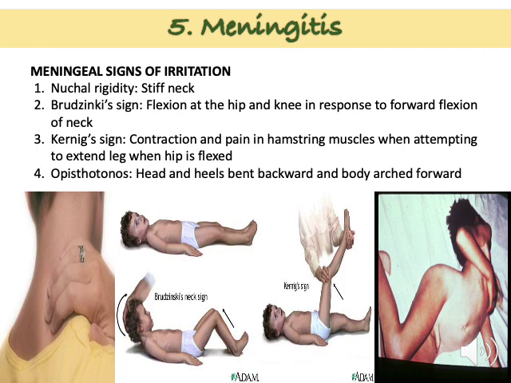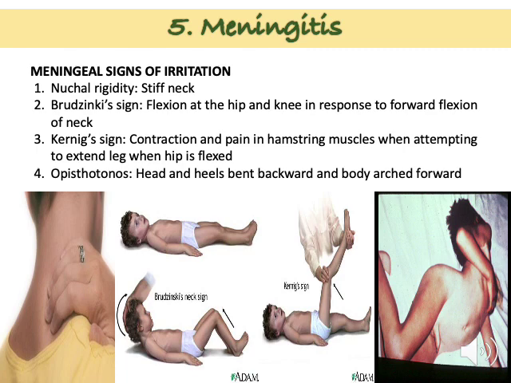The symptoms of meningitis occur either insidiously or suddenly. There are 4 general signs of irritation. The pictures show them: nuchal rigidity, stiff neck. Brudzinski's sign is the flexion of the hip and the knee in response to forward flexion of the neck.